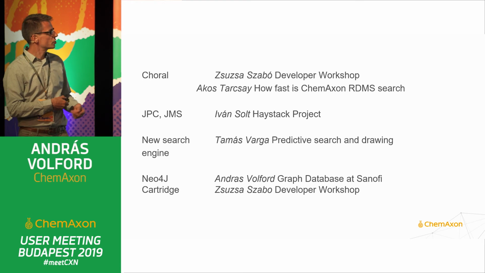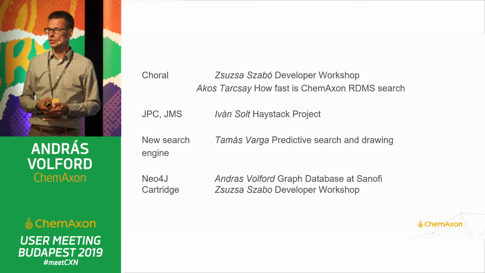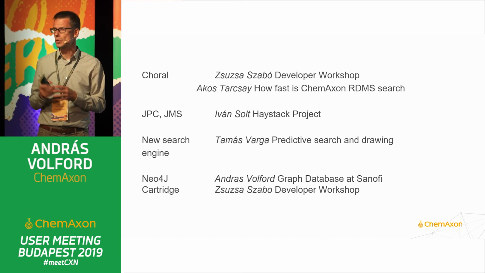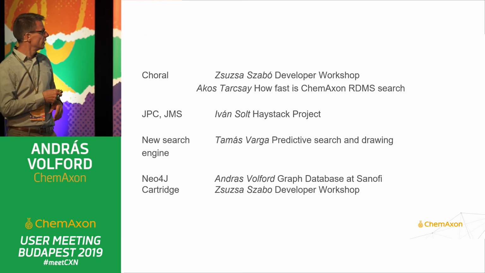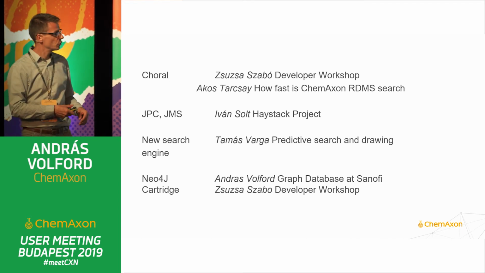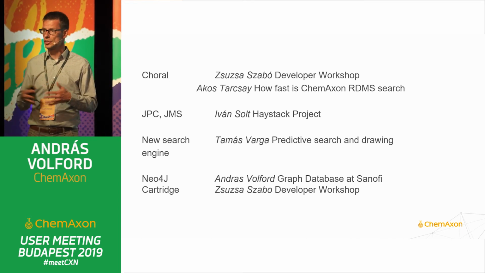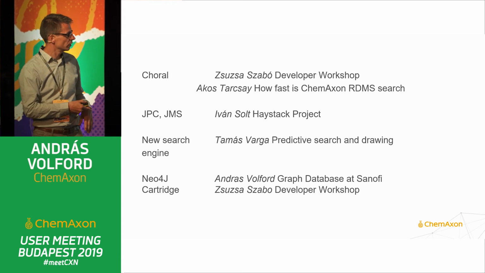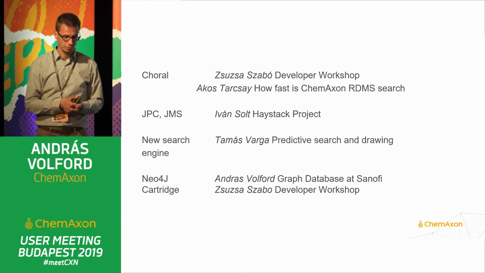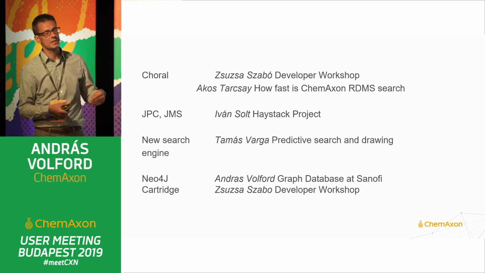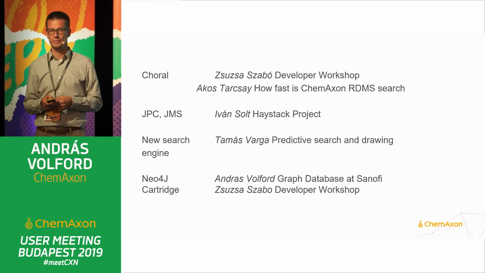The new search engine is used by the predictive search and drawing. Tamás Varga will have a small session tomorrow about that. And finally, the Neo4j Cartridge: Zsuzsa Szabó will speak about it again later at the developer workshop, and Dragos Stefanescu will substitute for me on the graph database at Sanofi project.